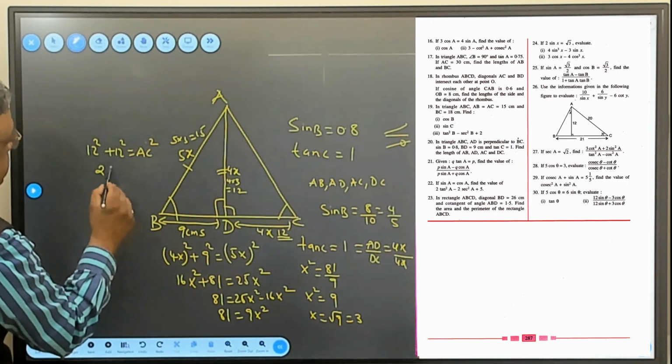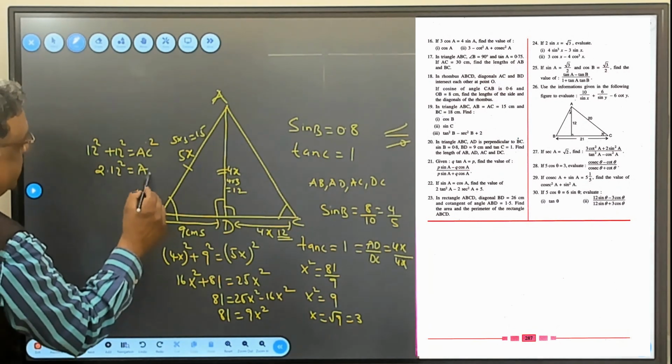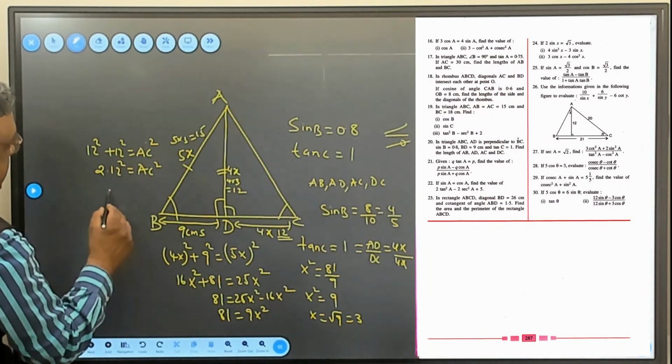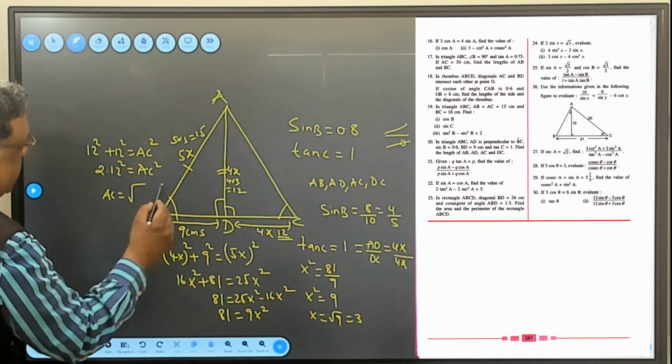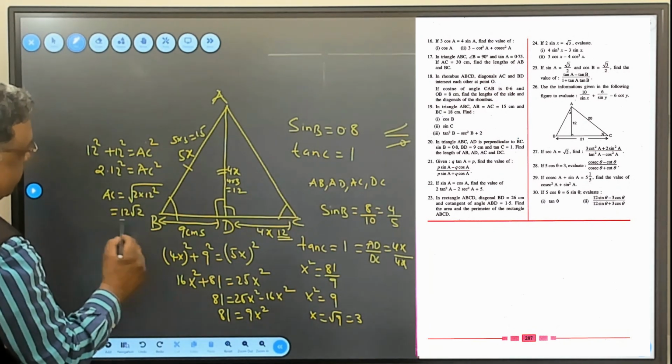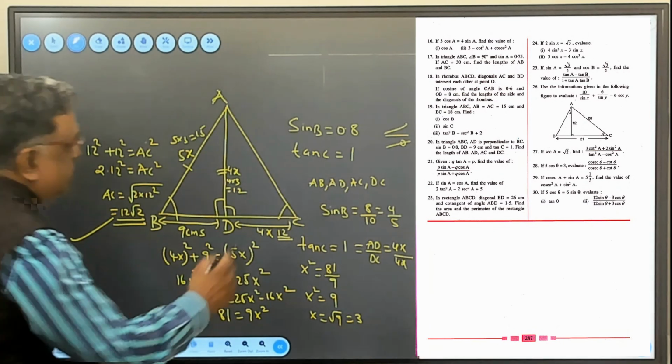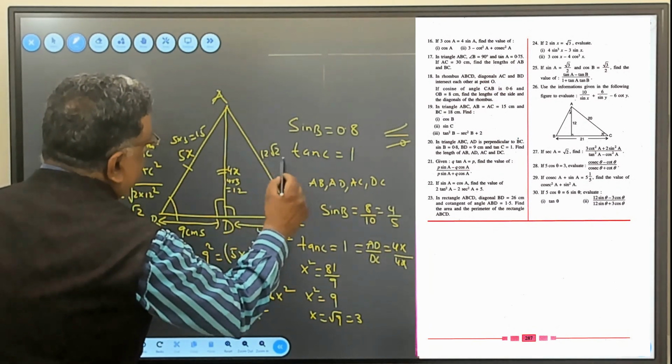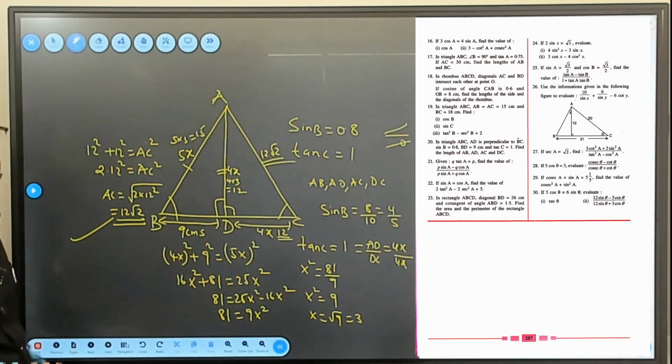So 2 times 12 square is AC square. Which means AC will be square root of 2 into 12 square, which will be 12 root 2. So this is the answer. So we could find all the sides that have been asked to us.